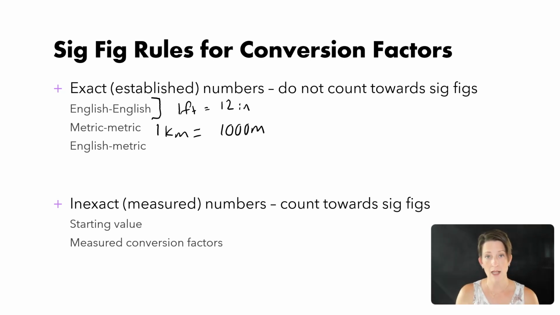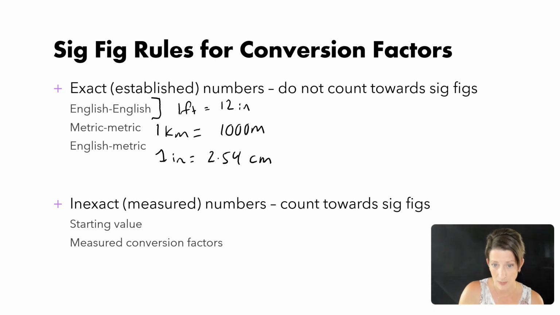We even have English to metric set. Even though it is technically measured at some point, it is consistent across the scientific community. We all agree that 1 inch equals 2.54 centimeters. We are going to assume all of these English to metric conversion factors are exact numbers.